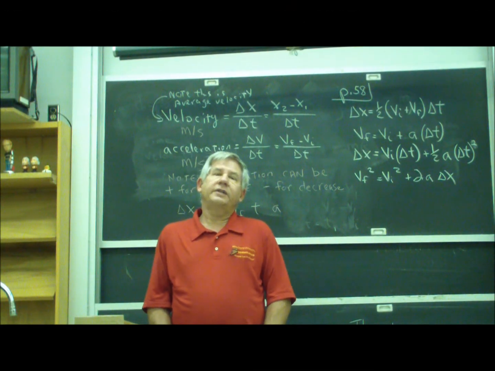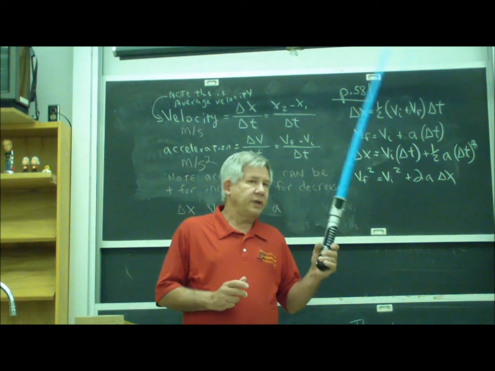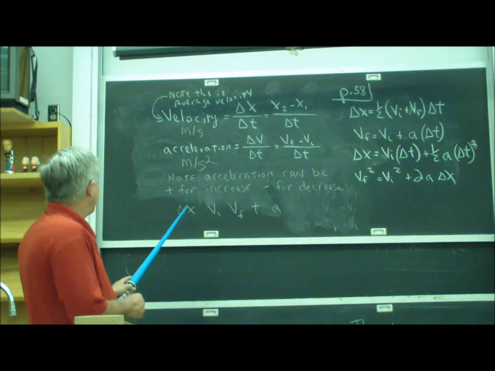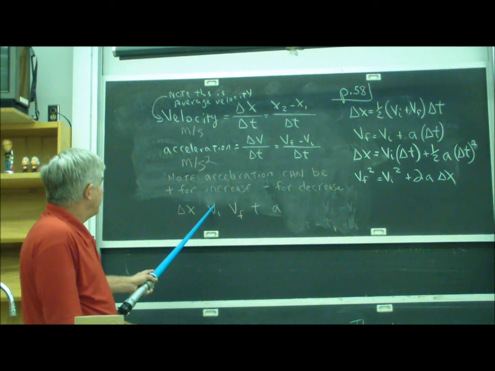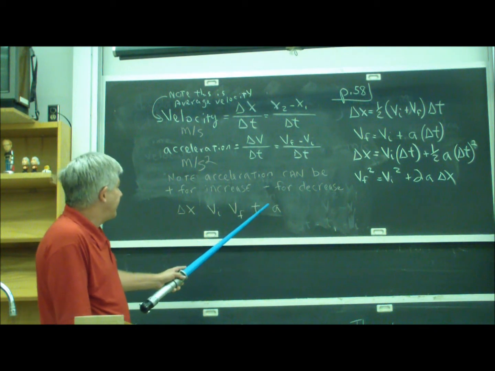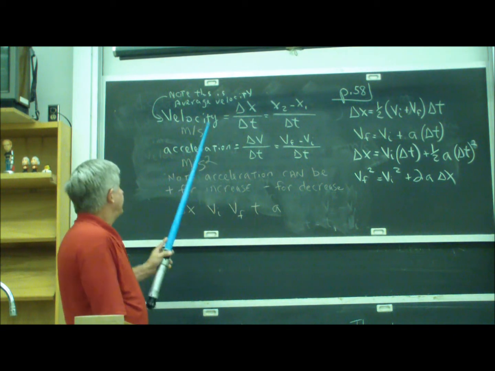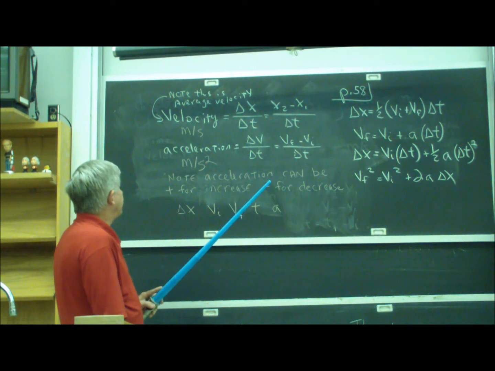Okay, we're now going to get into the heavy-duty stuff. We're going to be working with formulas to find things. The 5 things that we can find with this are displacement, initial velocity, final velocity, time, and acceleration. Our first equation is velocity. Remember, velocity is given in meters per second.